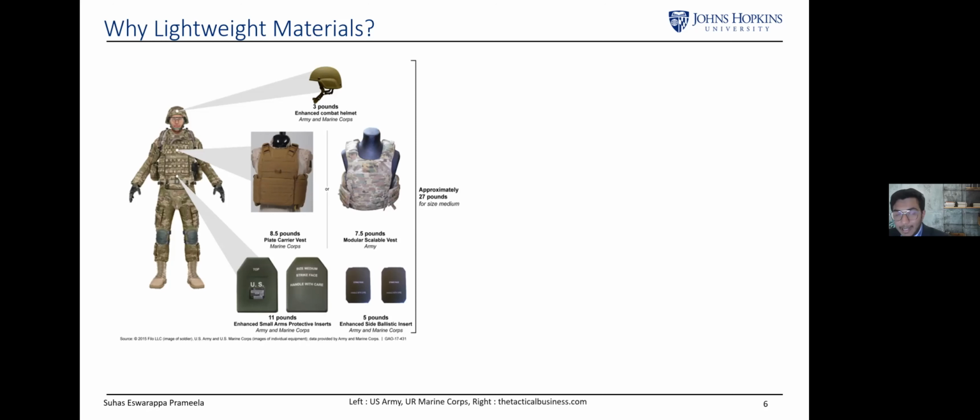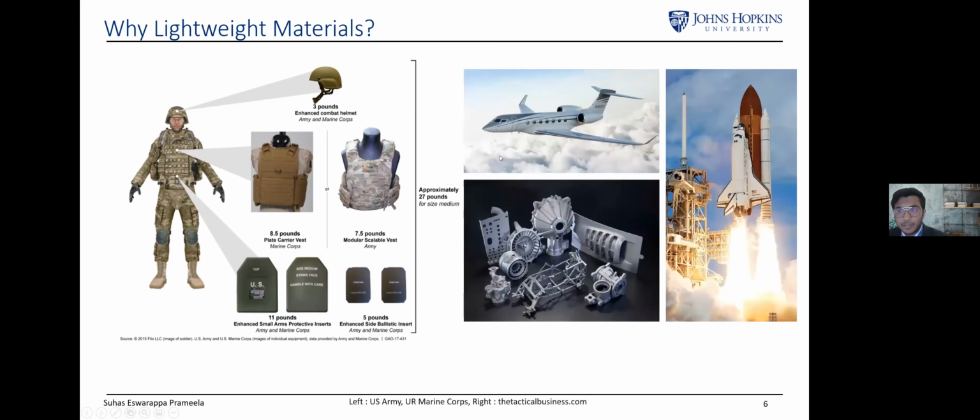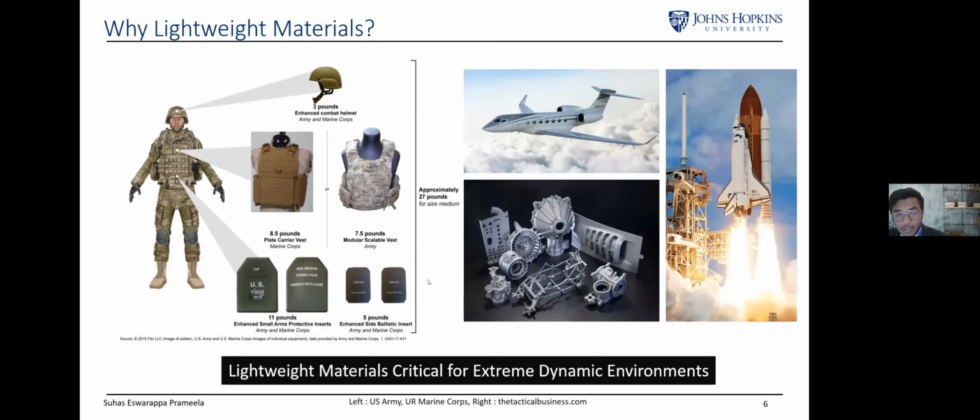But it's not only for defense. In other applications like aerospace or automobiles, lightweight materials that are very strong across strain rate regimes, and maybe even temperature or pressure regimes, are very useful. So the conclusion here is that lightweight materials are critical for extreme dynamic environments and have a lot of advantages.